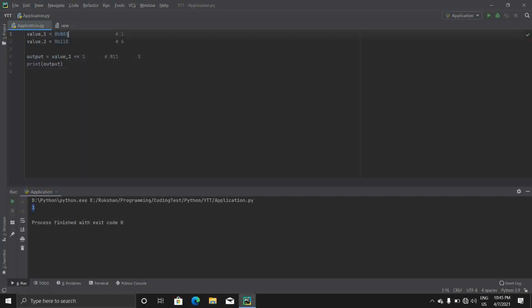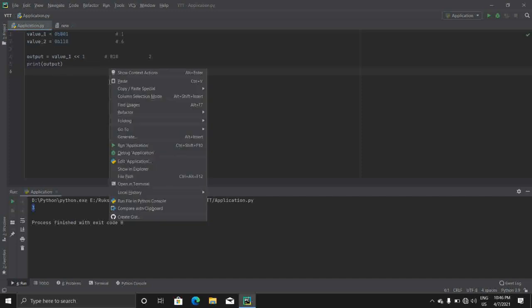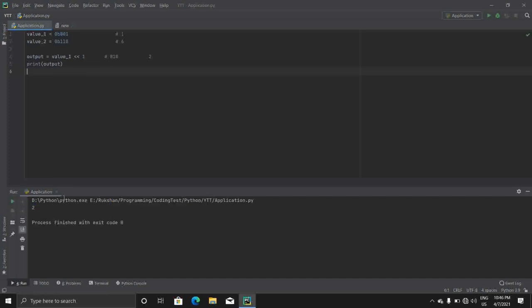Then it takes the true bit and moves that true bit left once. Now this is equal to this binary number 0 1 0. This binary number is equal to 2. Now let's check the output. Yeah, we get 2.